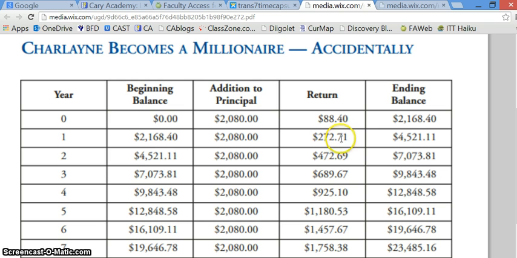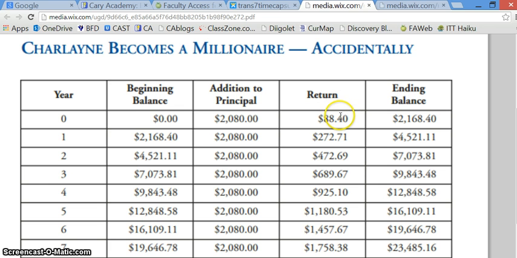This is more than twice the return of the previous year. So at the end of the first year, she had approximately $4,000. So her interest rate, which means the percentage, was based on $4,000 instead of $2,000 from the year before. So her return, or the amount of interest based on that rate, was twice as big as the amount from the year before.